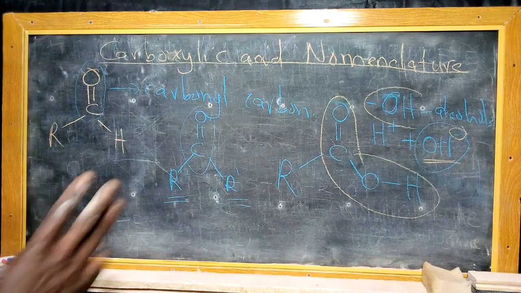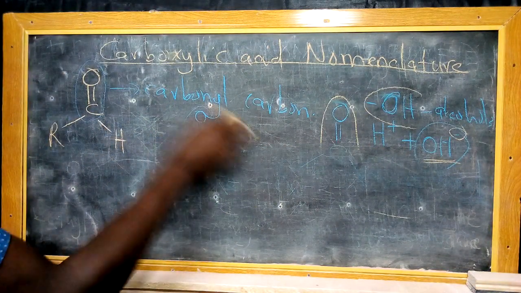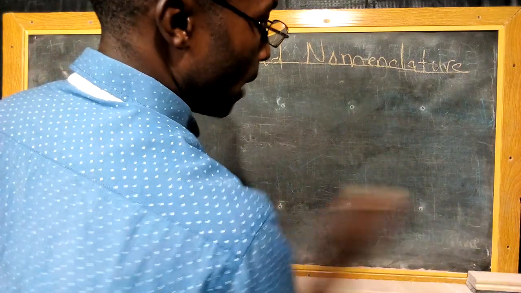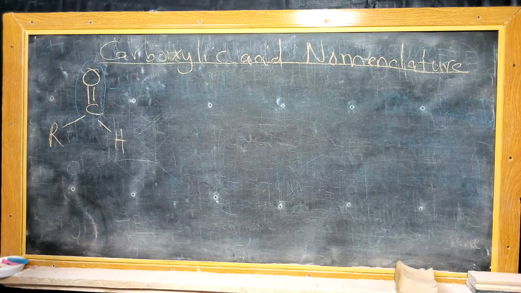For that case, for carboxylic acid, I'm going just to give a small demonstration to give the difference. And then from the definition of acids and bases, we are going to see that an acid is a compound that consists of hydrogen as the only positive ion.